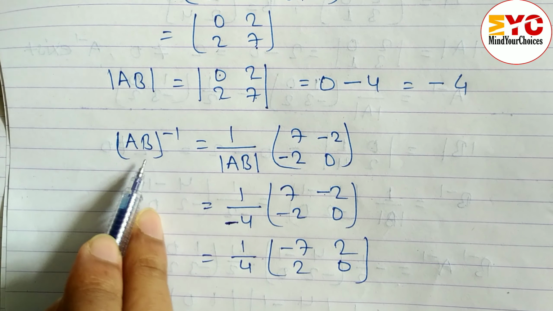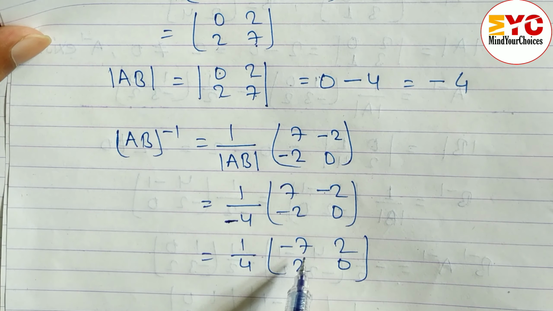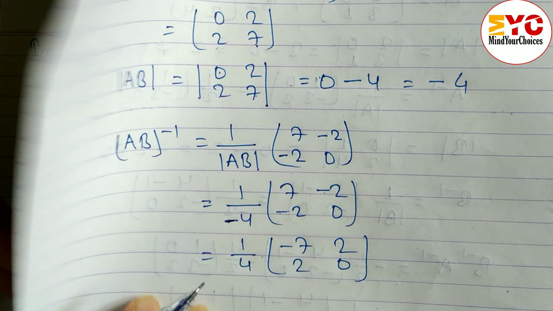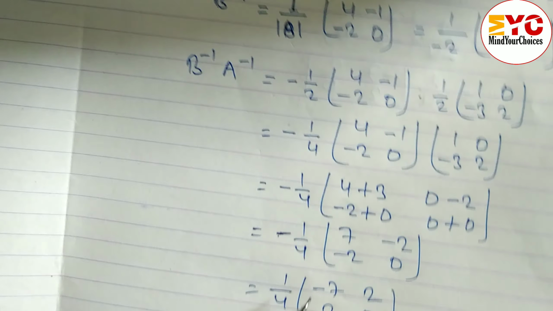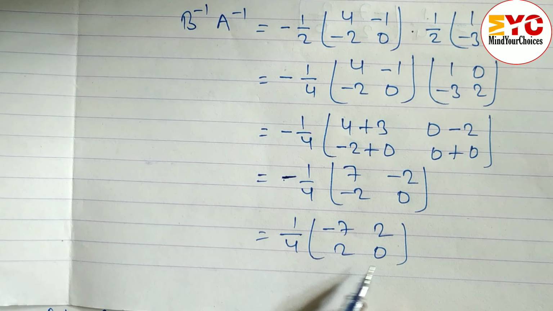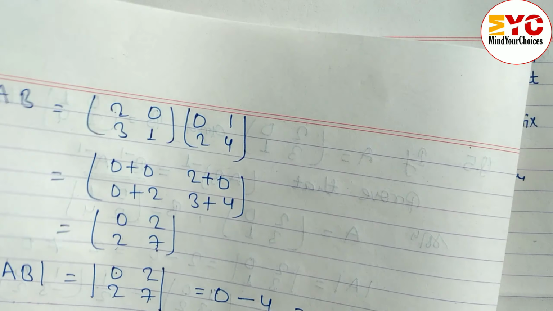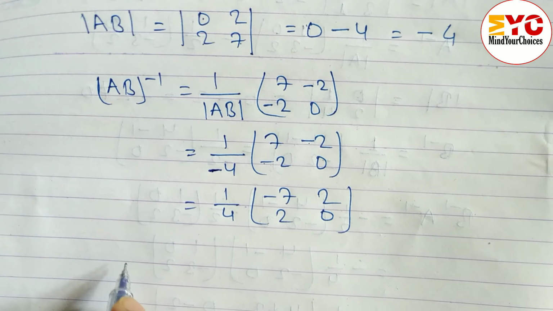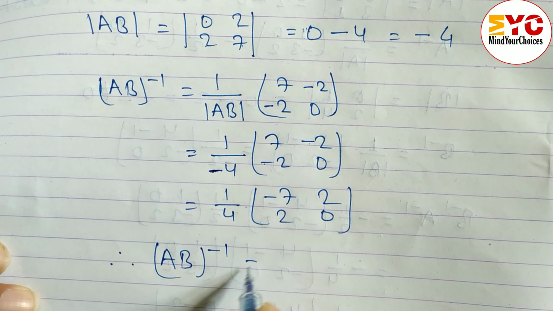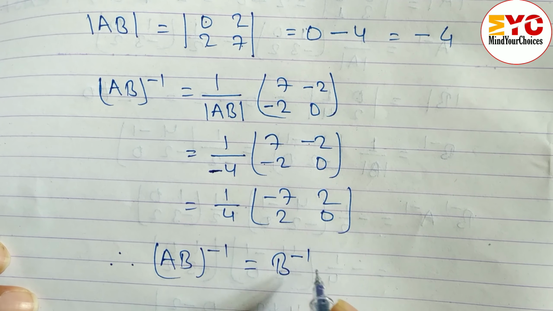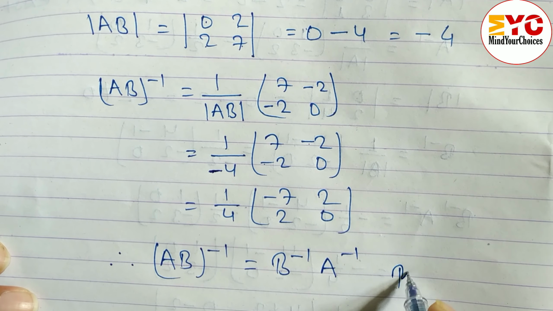Now we get AB inverse equal to 1 by 4 times minus 7, 2, 2, 0. You can see this is the same as the value of B inverse A inverse. So at last we write that (AB) whole inverse is equal to B inverse A inverse. Proved.